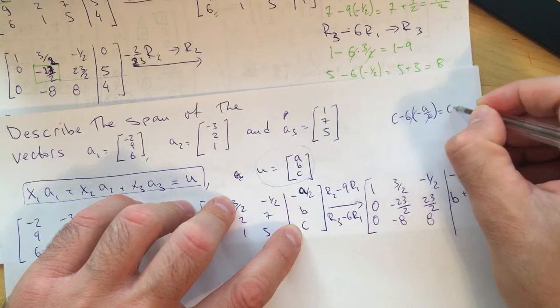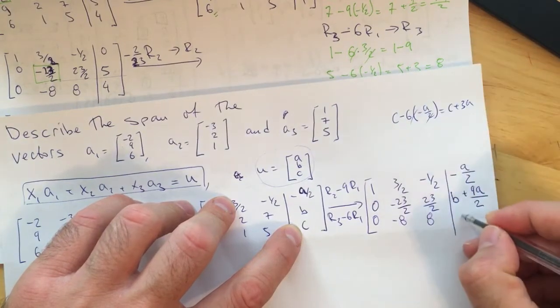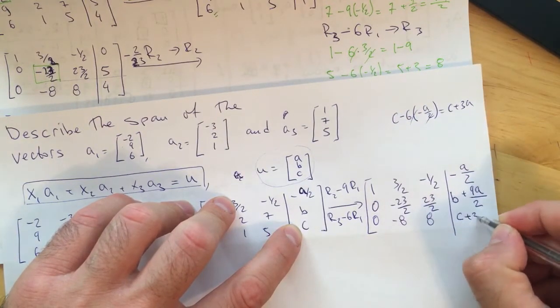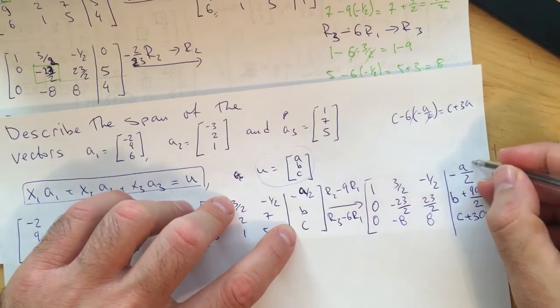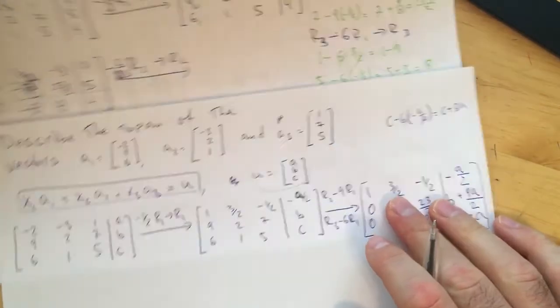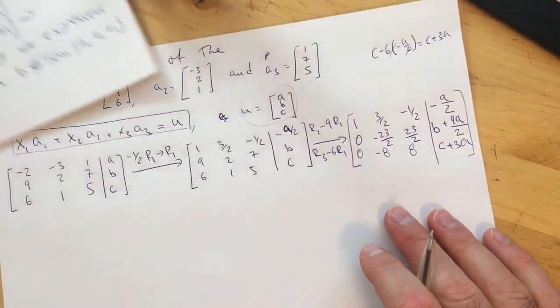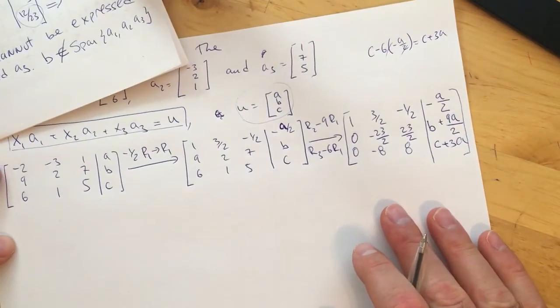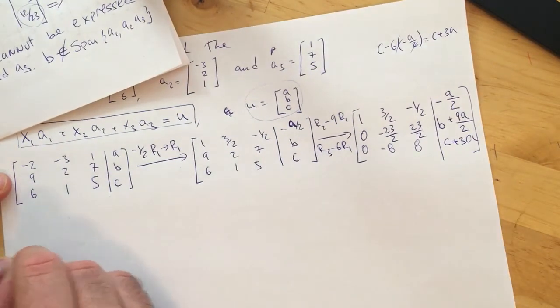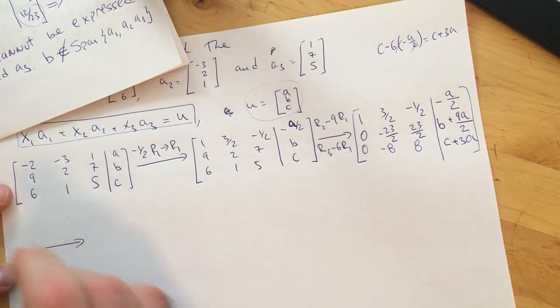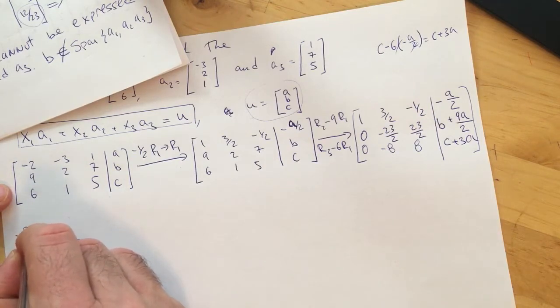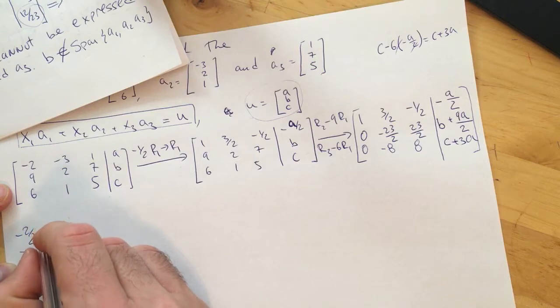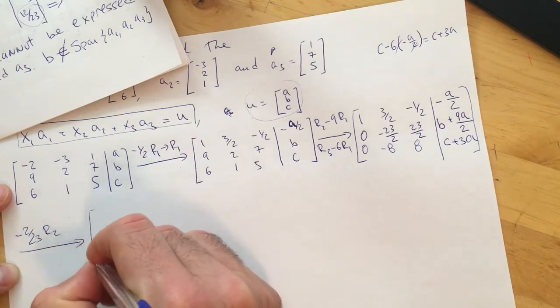This and this cancel: it is c plus 3a. Now the next row operation was -2/23 R2.